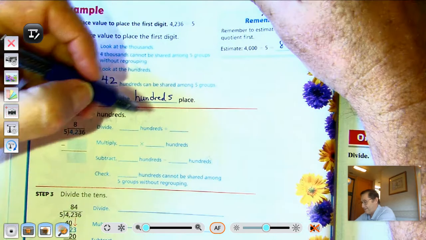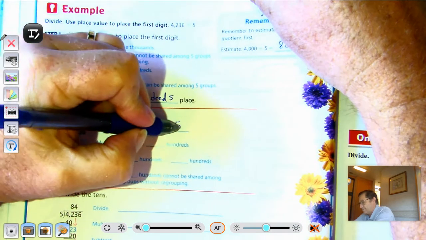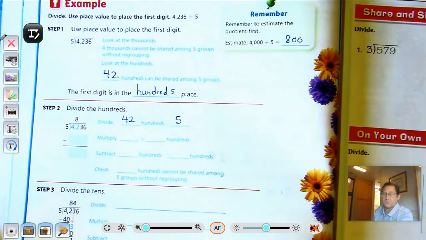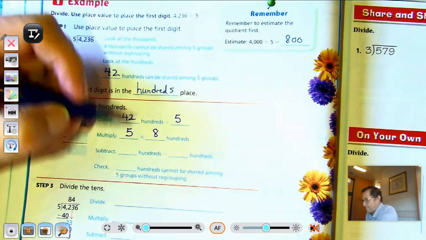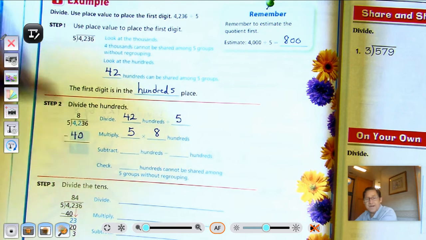So we're going to divide 42 hundreds into 5 groups. So 5 times 8 would give us 40 hundreds.